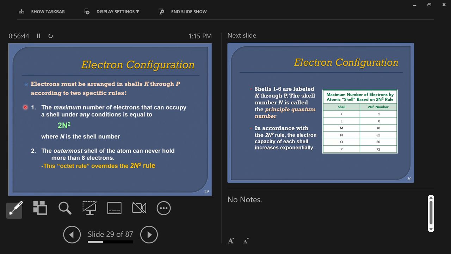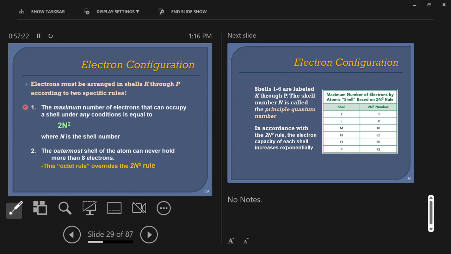So as we said before, and this is the case for all atoms, the K shell is number 1. I'm going to write these and then we'll turn around and talk. N equals the shell number, K is 1, P is 6. 2 times n squared, or 2n squared as they wrote up here.